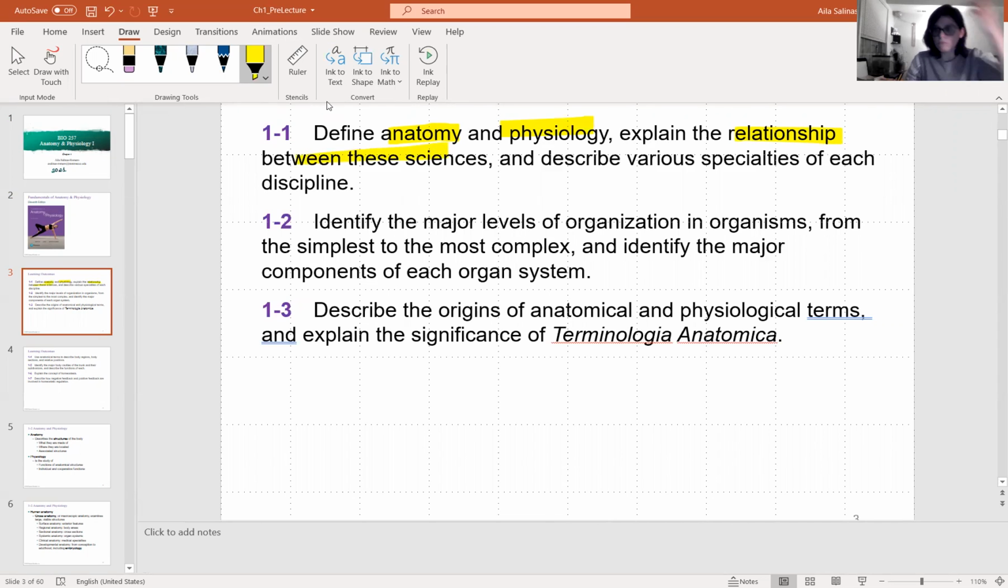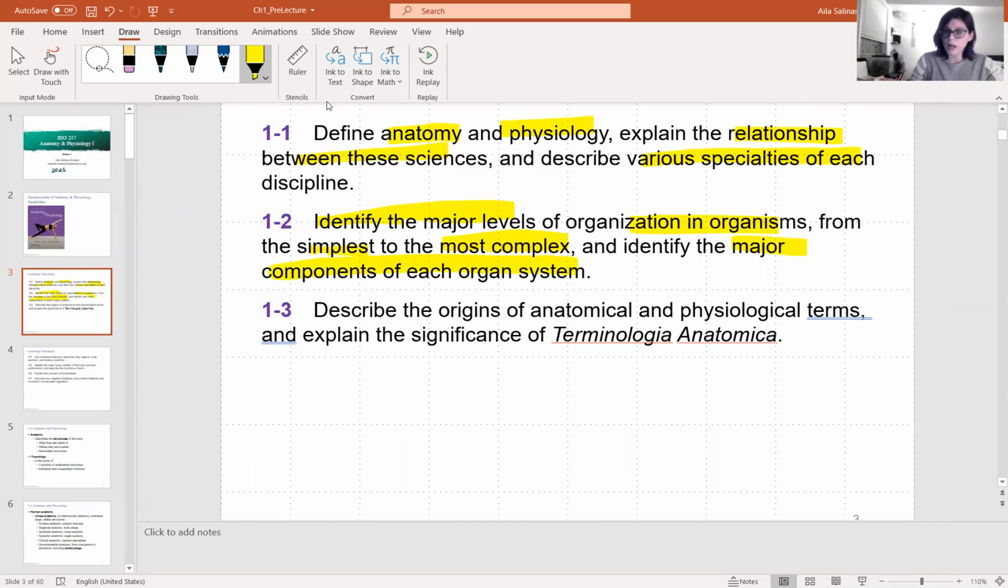We also are going to make an overview of the several specialties of each of those disciplines. We will identify the major levels of organization in the organism, starting with the most simple one, until the most complex, and also identify the major components of each organ system.